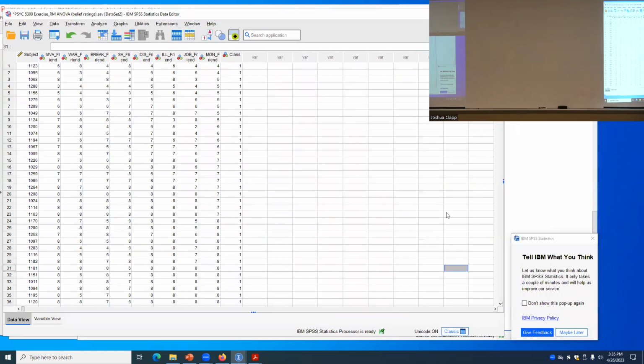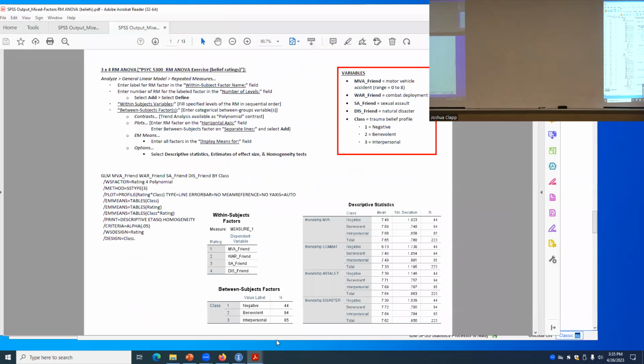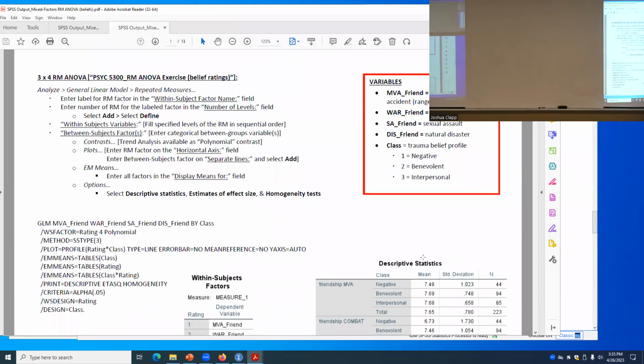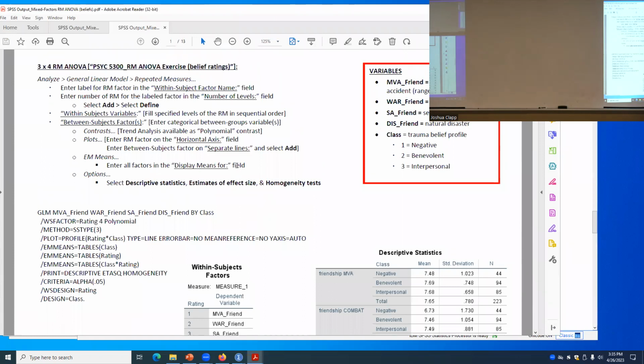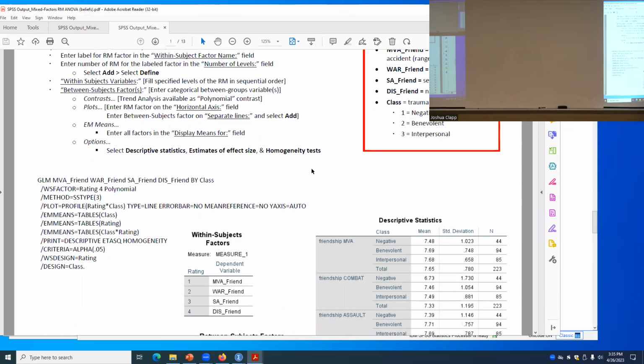All right, I'm going to pull up the mixed effects here for our belief ratings, just because it'll be easier to see. Okay, so see all this right there? All that is exactly what you need to be doing. So you set up, you're in good shape.